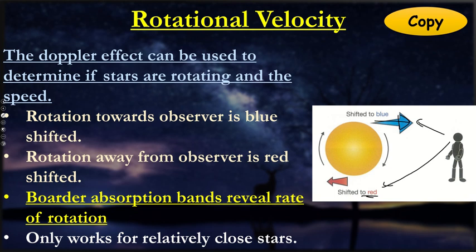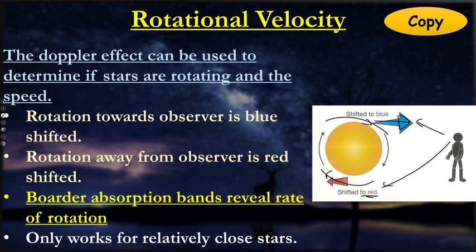We said that red implies it's moving away from us and blue implies it's coming closer towards us. But we're still looking at the same star, so the only way that can occur is the rotation, how the star is rotating.